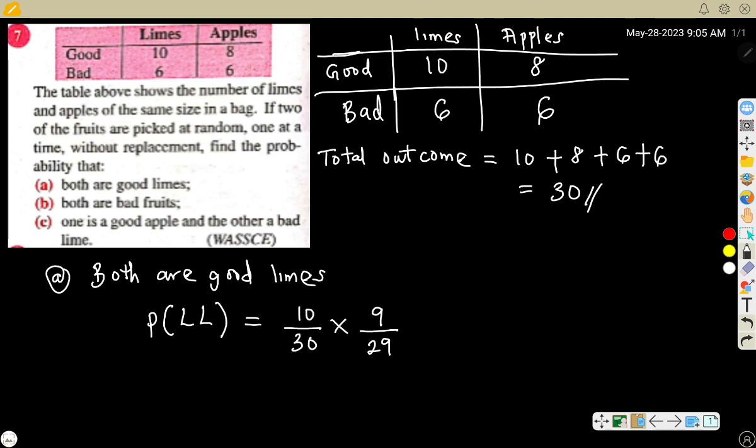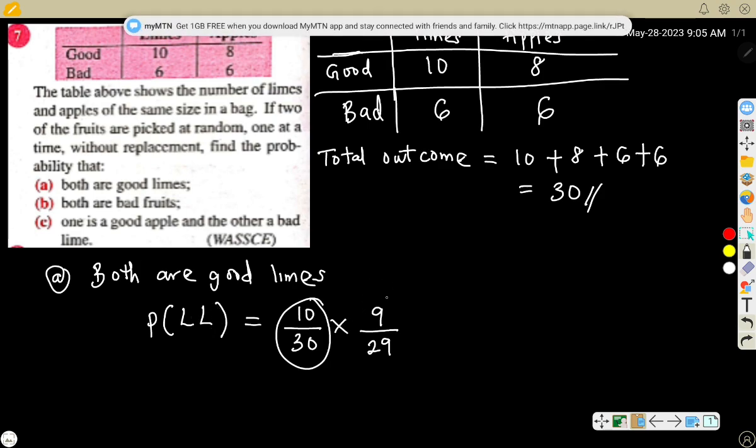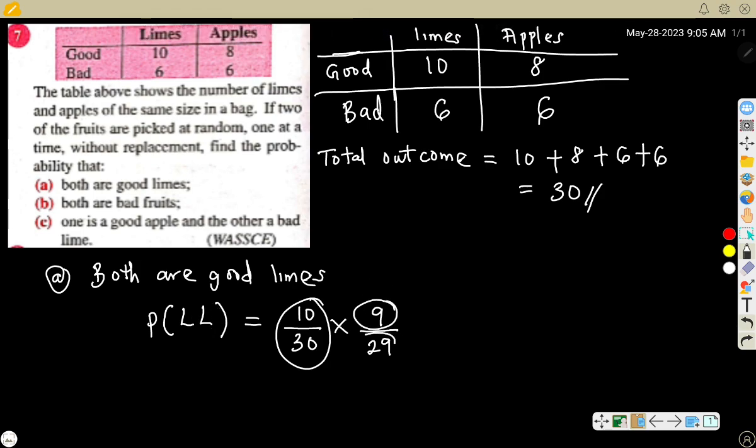So picking the first one and it is a good lime, it is 10 over 30, times picking the second one, the lime, and it is also good, so you remove 1. That means 9 divided by 29. Without replacement, as you pick, the number of limes reduces and the total number also reduces. But if it is with replacement, this would have been 10 over 30 for the first lime times again 10 over 30 for the second lime.